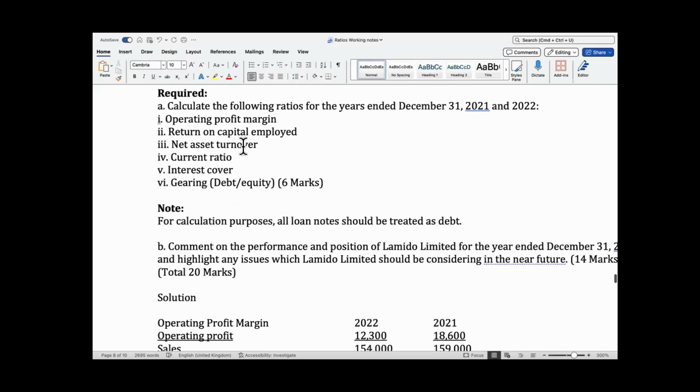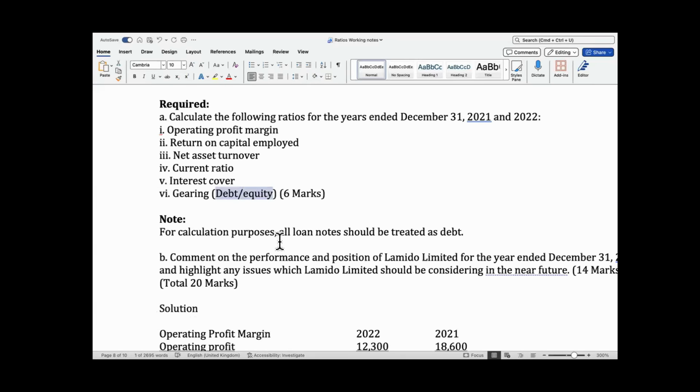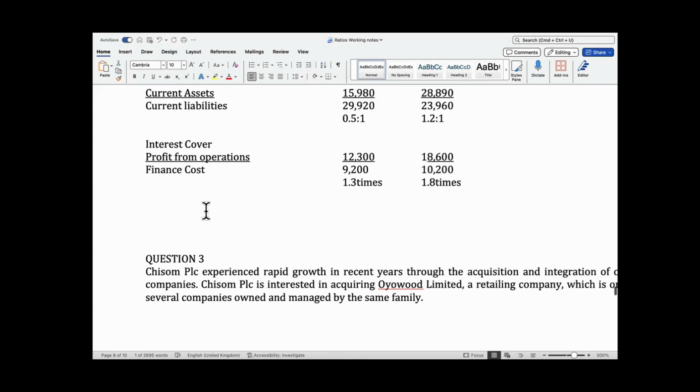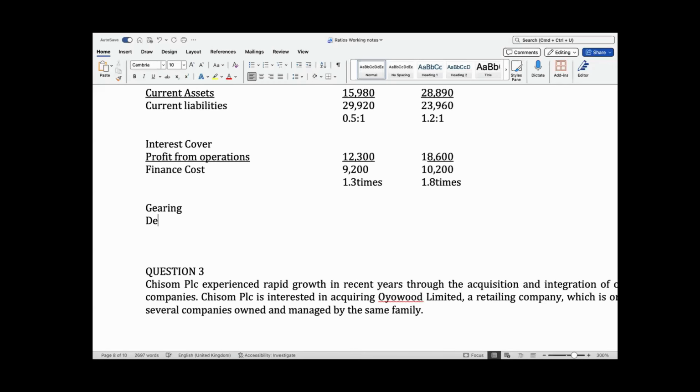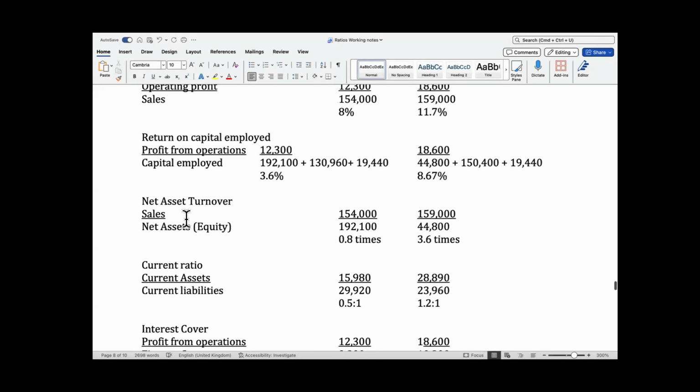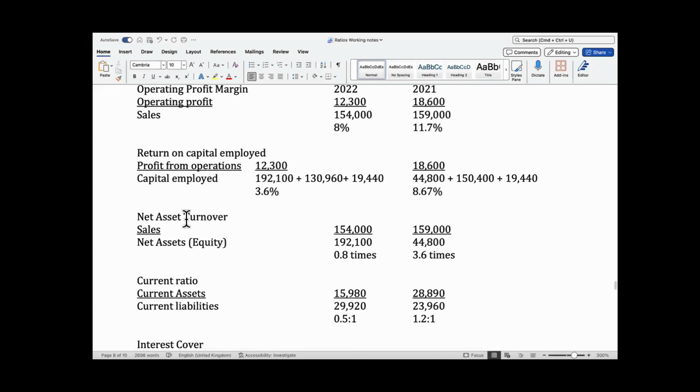Gearing. And they told us that we should use gearing as debt to equity. So debt over equity times 100, of course. And our debt, where did we use debt?